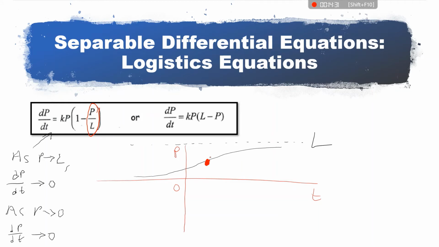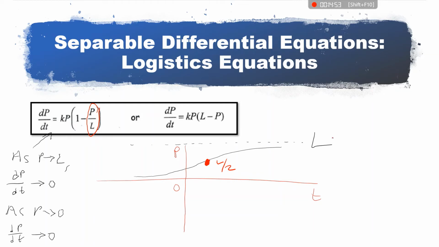A function where the concavity changed right in the middle at L over 2. That was defined in terms of our slopes. So our slope becomes 0, close to a population of 0, or close to a population of L.